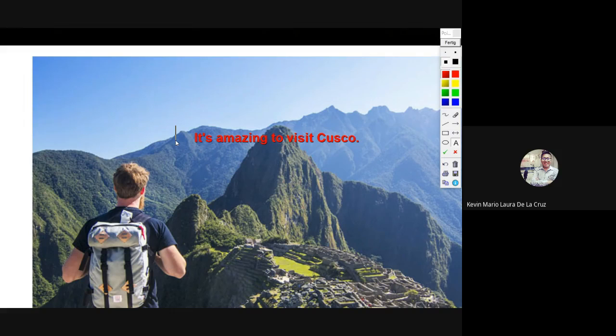It's amazing to get to Machu Picchu. It's wonderful to have a wonderful time with my friends in Machu Picchu. And you can give more ideas and you can make a reason for that, no? It's amazing to visit Cusco because we can visit Machu Picchu and other wonderful places.